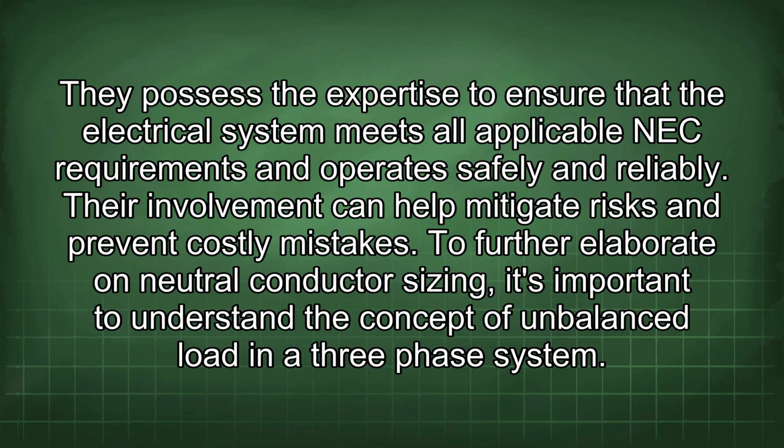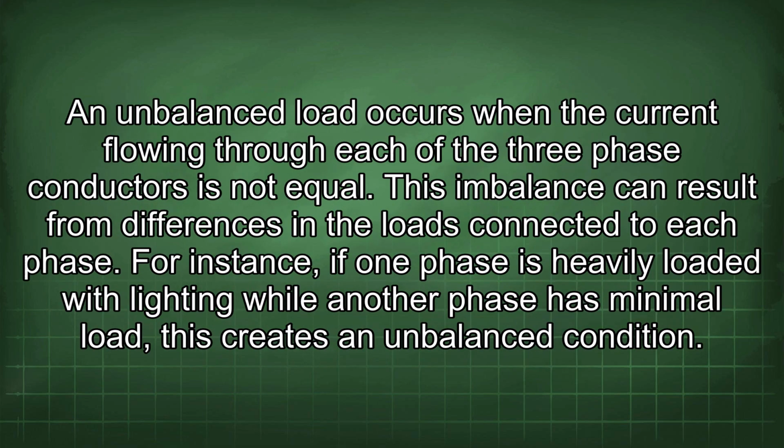To further elaborate on neutral conductor sizing, it's important to understand the concept of unbalanced load in a three-phase system. An unbalanced load occurs when the current flowing through each of the three-phase conductors is not equal. This imbalance can result from differences in the loads connected to each phase. For instance, if one phase is heavily loaded with lighting while another phase has minimal load, this creates an unbalanced condition.